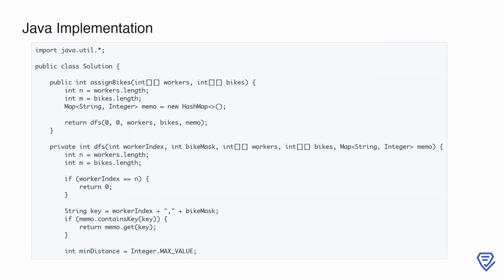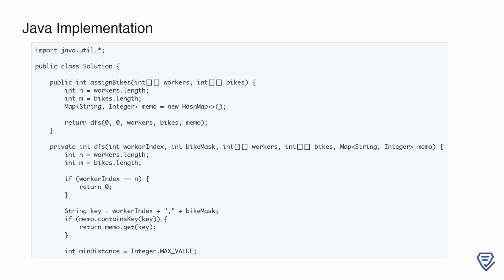Here, we begin by defining our Java solution to the problem. The AssignBikes method takes in two 2D arrays, workers and bikes, representing the positions of workers and bikes respectively. First, we calculate the number of workers, n, and the number of bikes, m. Then, we initialize a memoization map, memo, which will help us store and reuse results for overlapping subproblems.